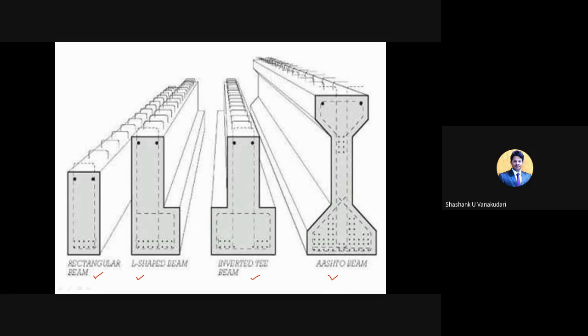The AASHTO beam is nothing but the American Association of State Highway and Transportation Officials. The term AASHTO means they prefer certain standards, set by the body that publishes the standard specifications, the test protocols, and even the guidelines that are followed during the manufacturing process and even the erection process.